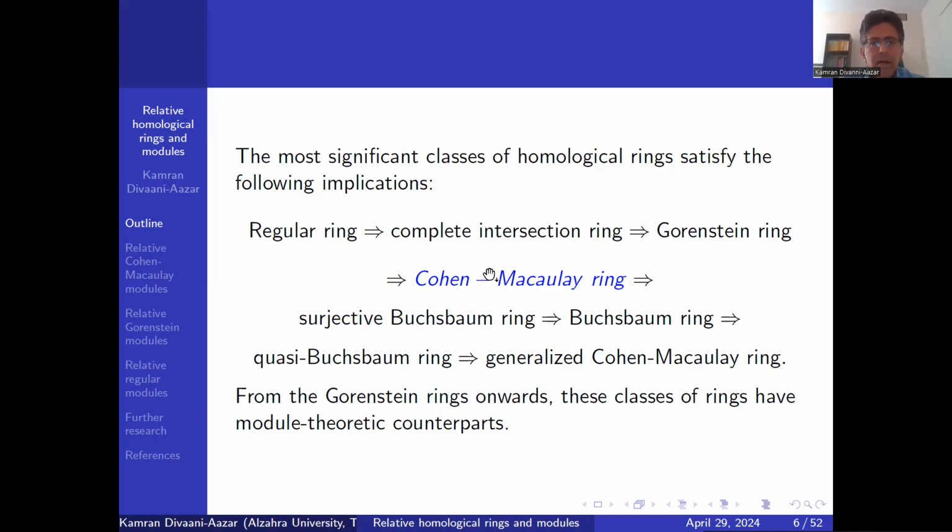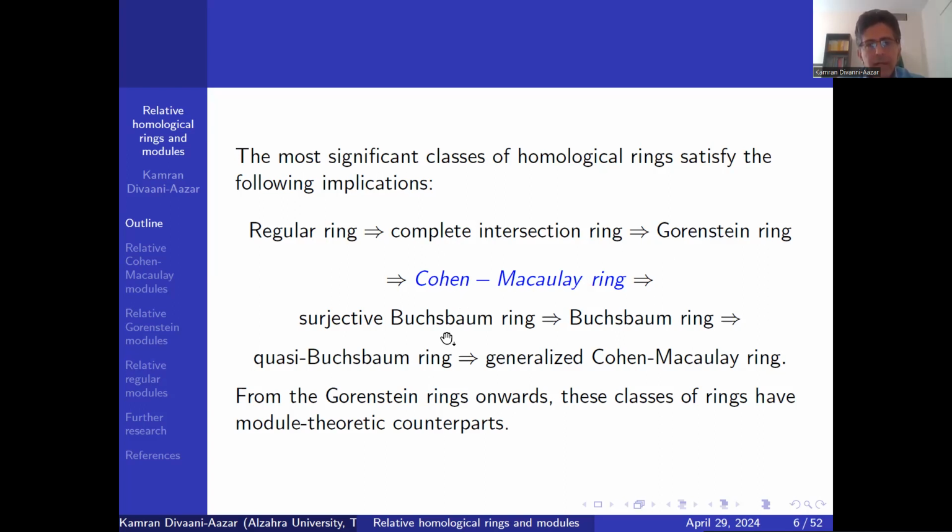You know, there are some types of conjectures from the 60s, called homological conjectures, and most of them are concerned with these types of rings. And one of them is the conjecture by Hochster about the existence of big Cohen-Macaulay algebras. So Cohen-Macaulay is very important.